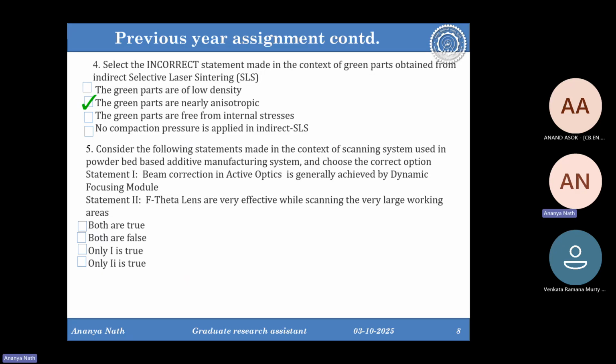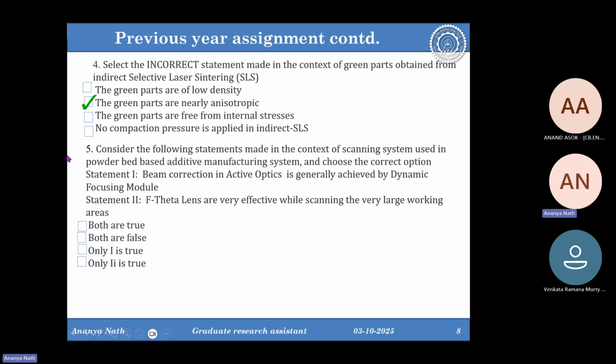Consider the following statements made in the context of scanning system used in powder bed based additive manufacturing system and choose the correct option. Statement 1: beam correction in active optics is generally achieved by dynamic focusing.